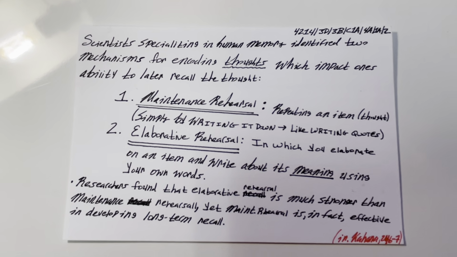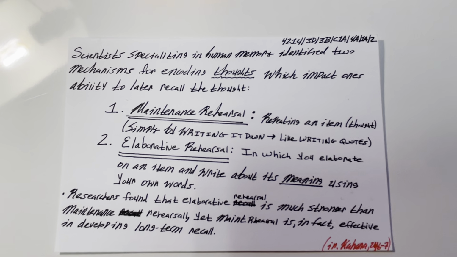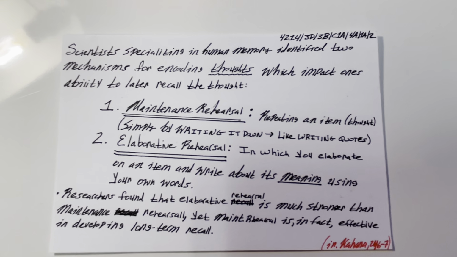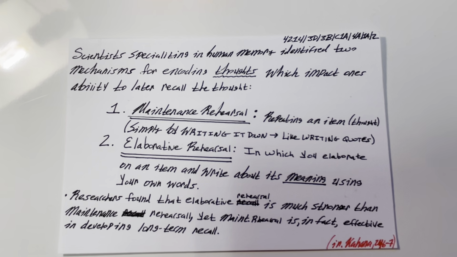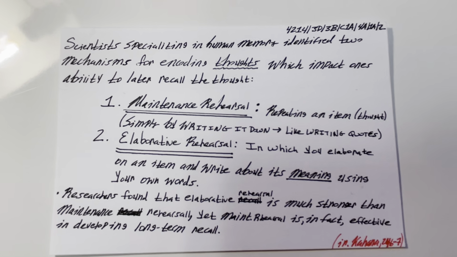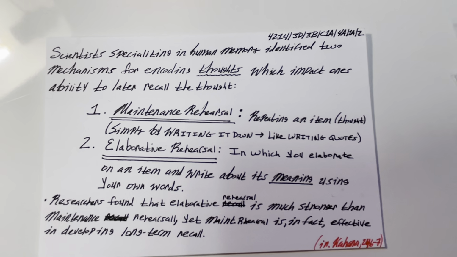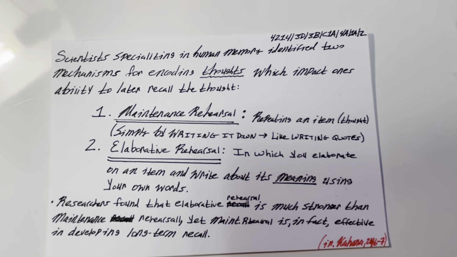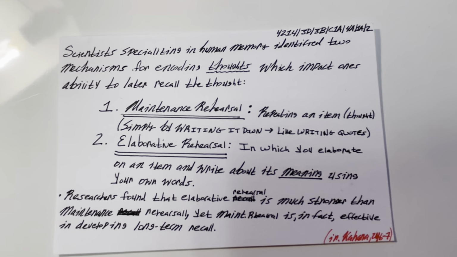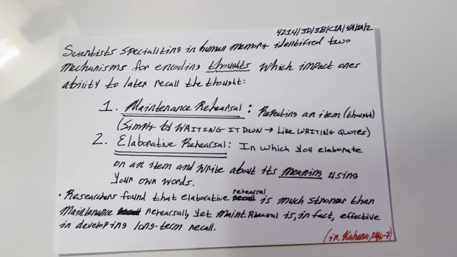It says, scientists specializing in human memory identified 2 mechanisms for encoding thoughts which impact one's ability to later recall the thought. The first one is maintenance rehearsal, which is repeating an item or a thought, simply by writing it down, like writing down quotes. You're essentially rehearsing the thought and stamping it into your mind.